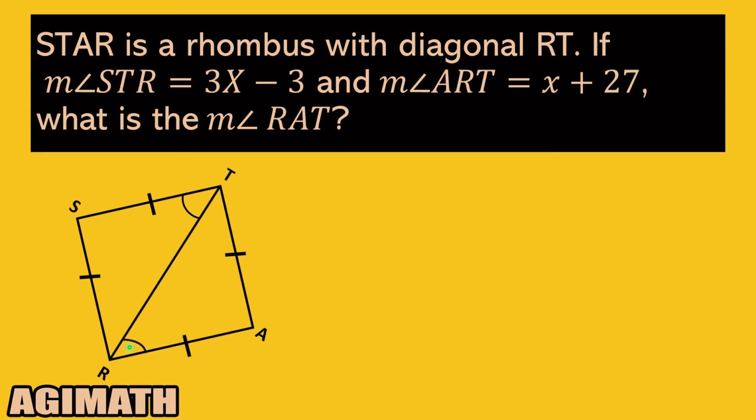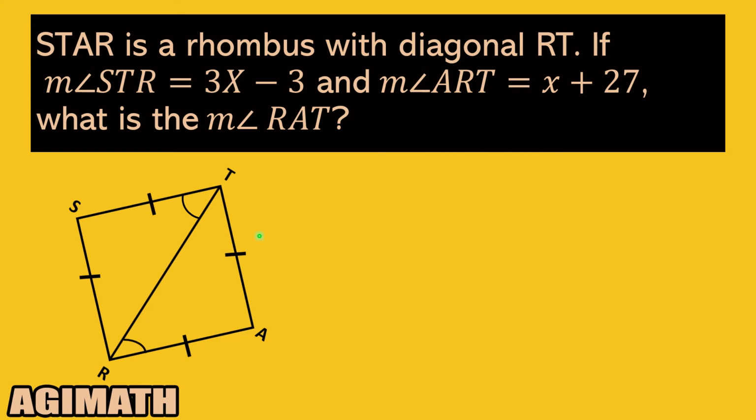Now, since a rhombus is a parallelogram, it means that these sides or these lines are parallel. So we can apply the theorems about parallel lines cut by a transversal. And that is your lesson during your grade 7.